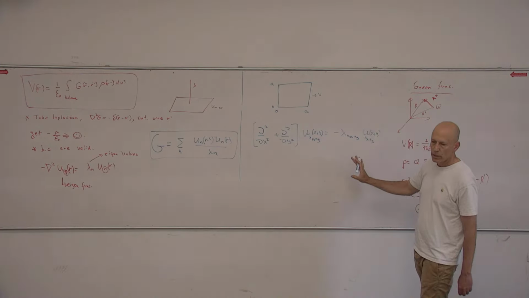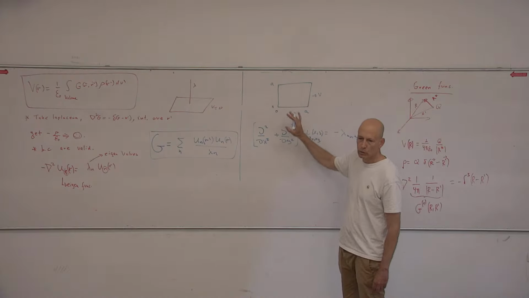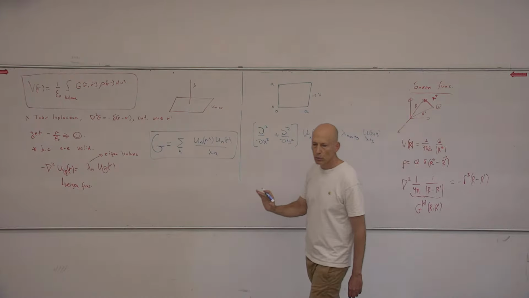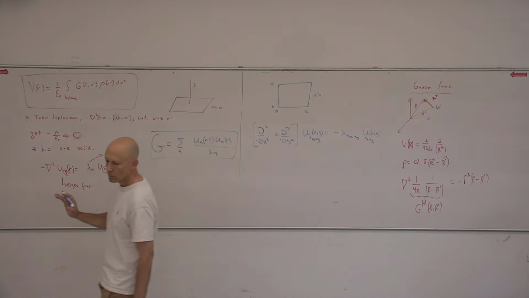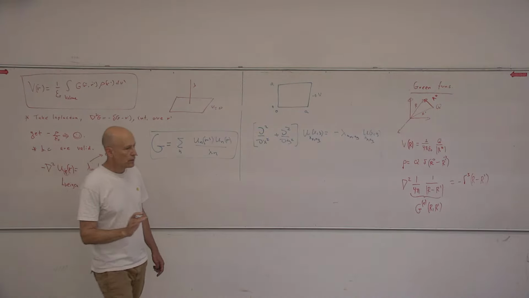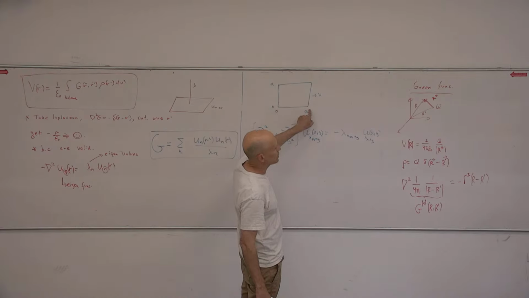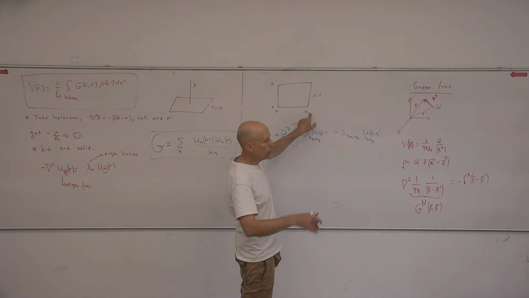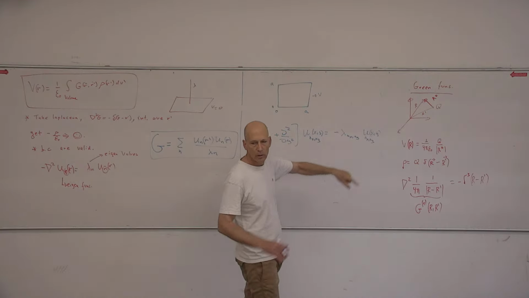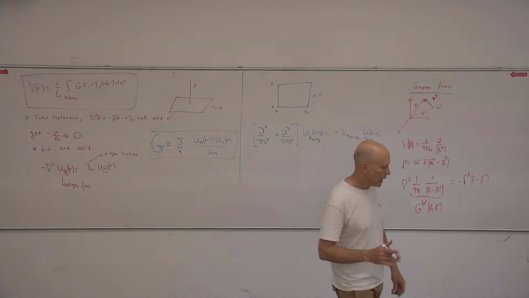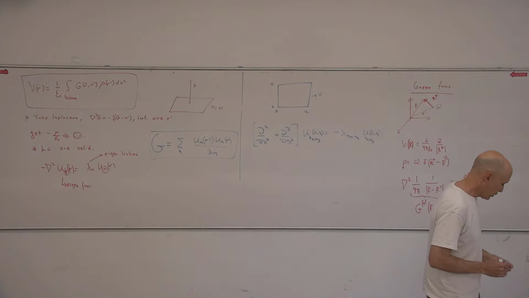What are the solutions here that satisfy the boundary conditions? Trivial solutions. What are they? Sines. Why sines? Well, let's say sine x. Sine at x equals 0 is 0, and sine at x equals a, well, we'll quantize through this n. This is the quantization rule, like a particle in a box in quantum mechanics.